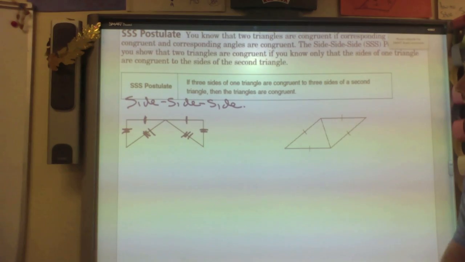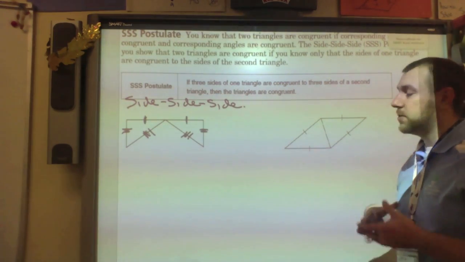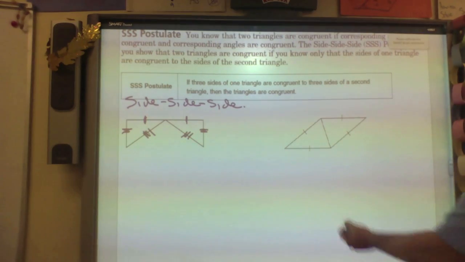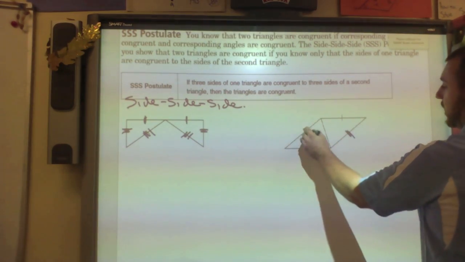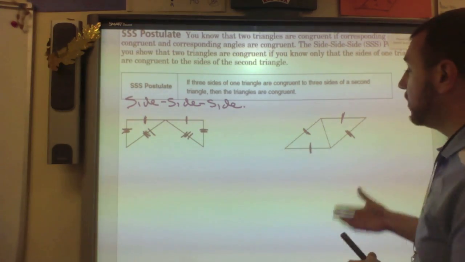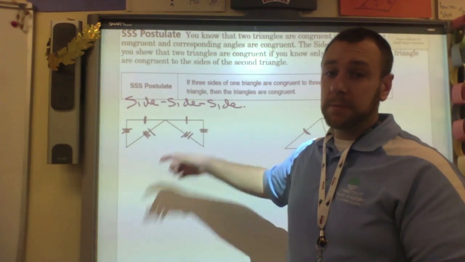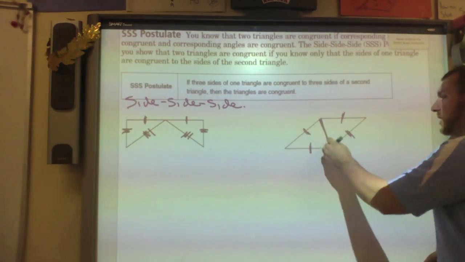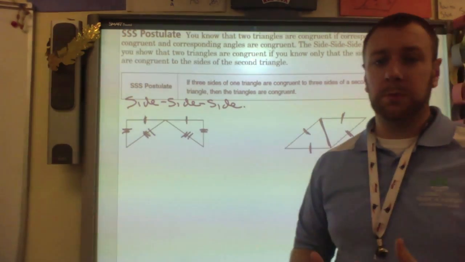Now this picture is here because we need to identify some things in some pictures. One of those things, okay, we notice that those two pairs of sides are congruent, but we don't have a third pair. But what you have to notice is that this side right here is shared between the two.